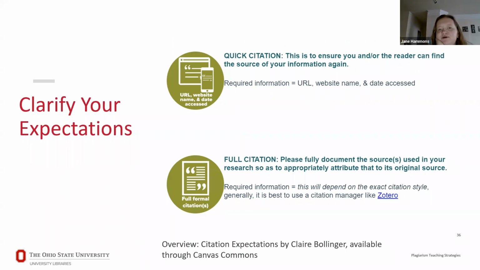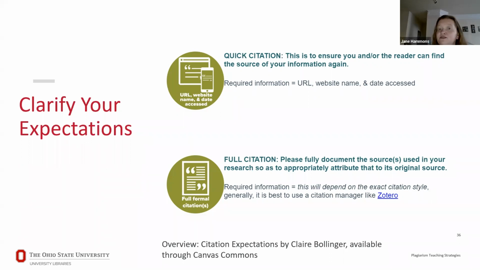She created these really quick, really great icons to give students a very clear understanding of what type of citation they are expected to give at particular times. So in some cases, maybe it's a more informal assignment, and she allows them to just do the URL, the date accessed, and give that sort of basic information. In other cases, making it very clear that students do have to provide a full citation. There are also icons for whether collaboration is accepted in this assignment or not.